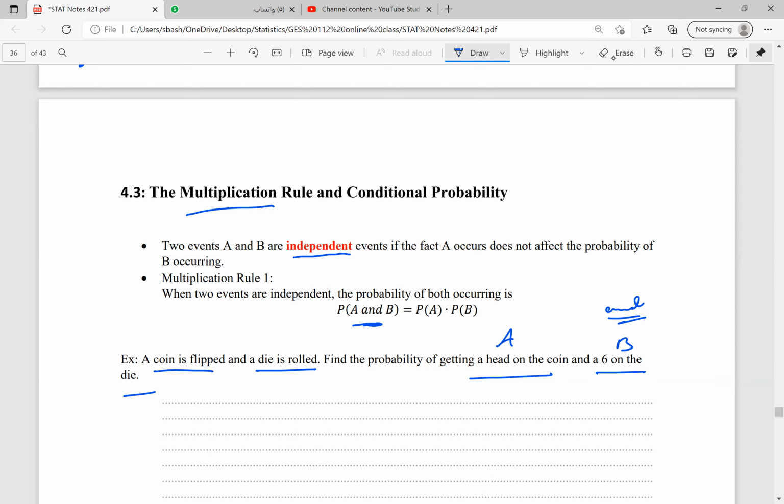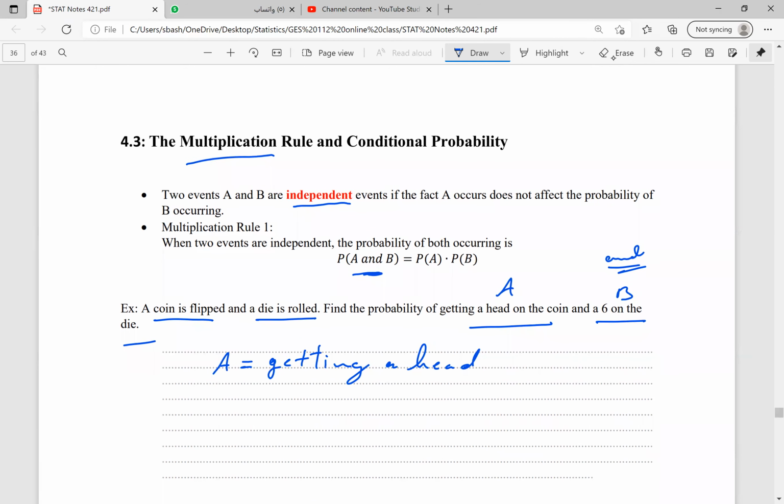So these are independent. Let's say A is getting a head on the coin, and B is getting a 6 on the die.